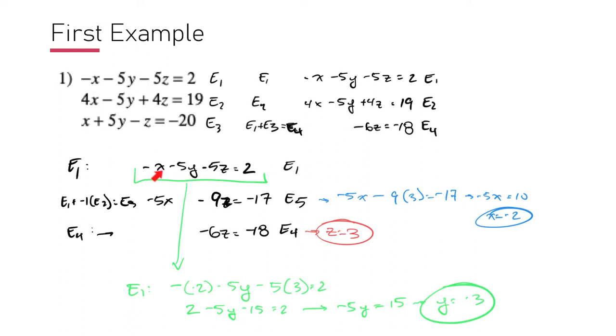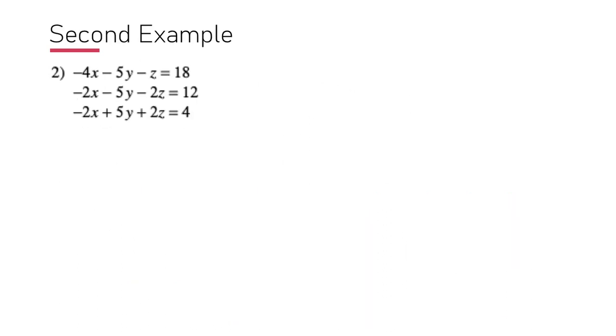So I replace x with negative 2, z with 3. I did that here. Then I simplified, combined like terms, and solved for y. Y is negative 3. So the final solution is, in order, negative 2, it's my x, negative 3, it's my y, and 3, that's my z.